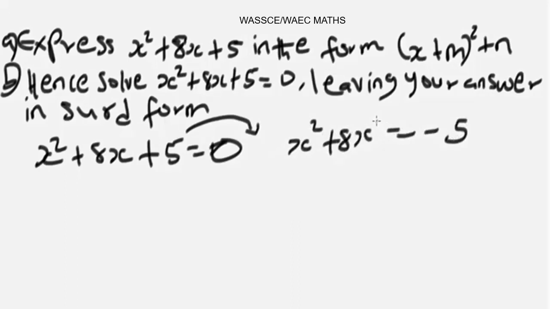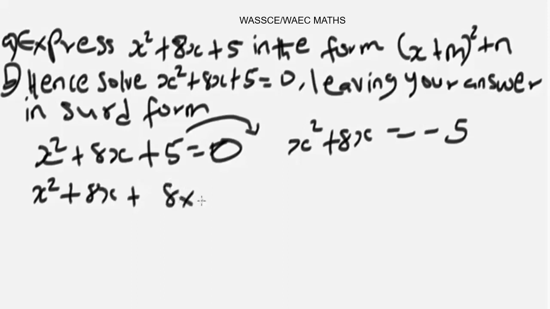Now that you have done this, the next thing we're going to do is to take half of the coefficient of x and square it. So we have x squared plus 8x plus, my coefficient of x is what? 8.